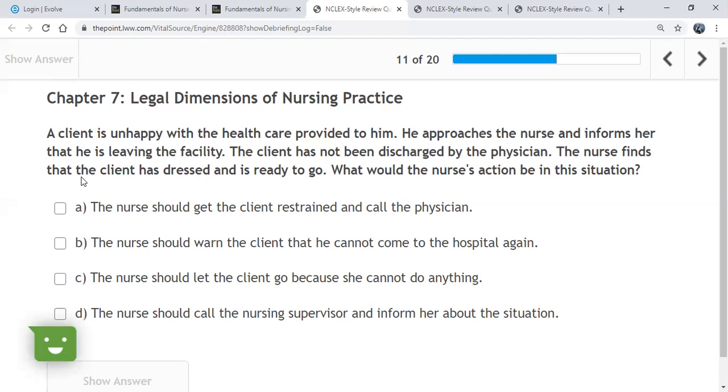Well, where I work, you can get the restraint first and do the order later. But the textbook says you got to get the order first. In real life, if somebody's trying to harm themselves or others, there's no time to get an order. It's about to go down. I was in this situation yesterday. You got to protect everybody else in the room.